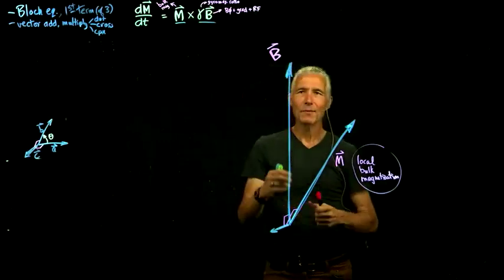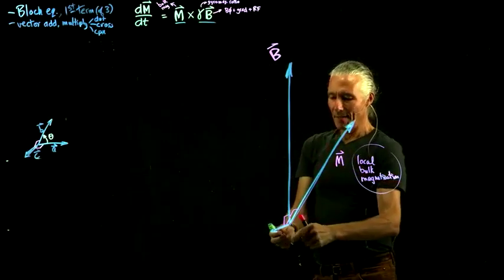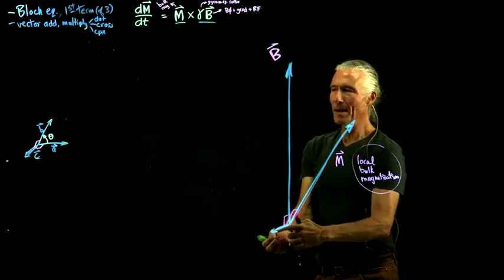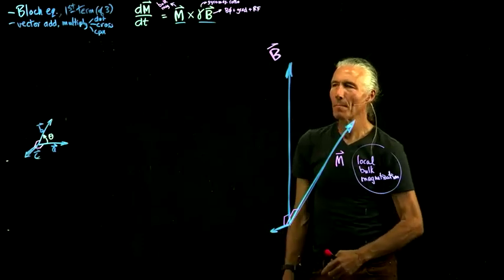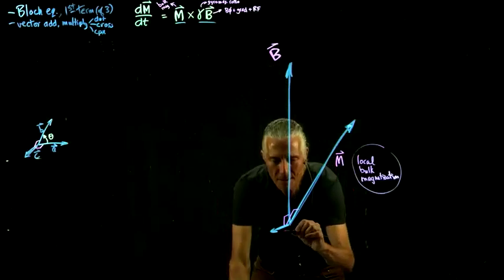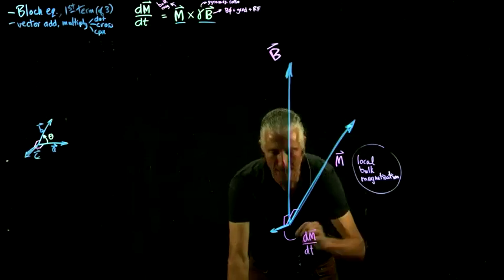So if you take the B vector and the M vector and make a plane, and then make this resultant cross product vector come out perpendicular to it, that's going to be our dM/dt vector. That's going to be the vector that tells us how to change the M vector.